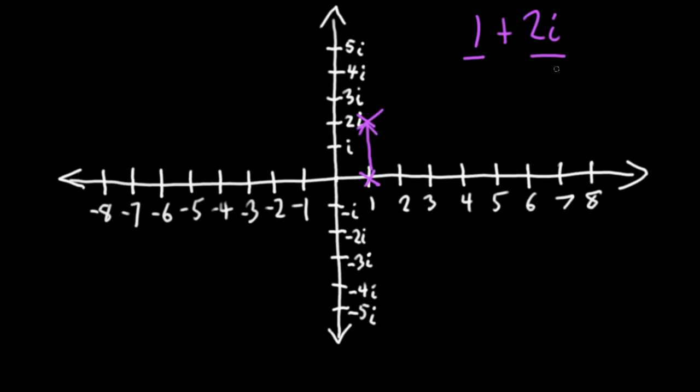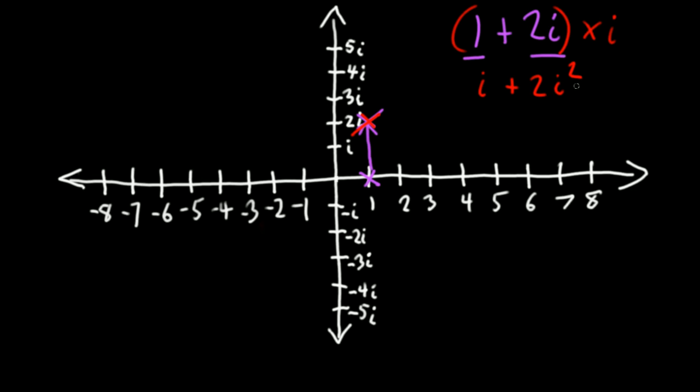Well, let's just make sure that things are consistent here, that we can do things like addition and subtraction and multiplication and division. What if we were to take this number, 1 plus 2i, and let's say multiply it by i? Well, algebraically, we would say that's i plus 2i squared.